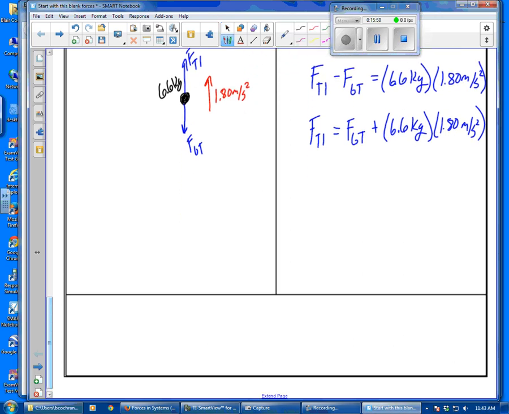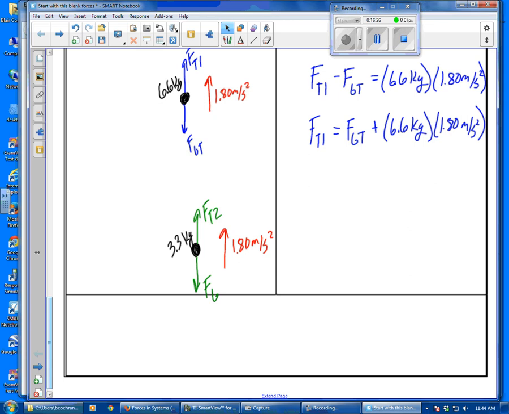Then I would move on to my bottom one, and same equation, draw the forces this time. It was FG, it was FT2, it was 1.80 meters per second squared, and the whole thing had an inertia of 3.3 kilograms.